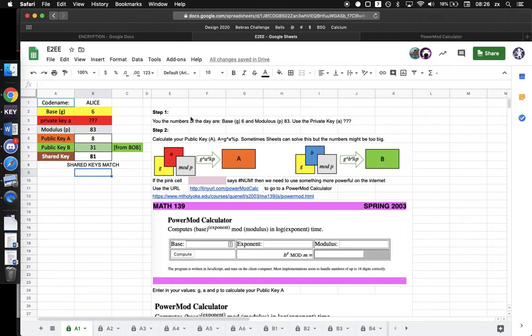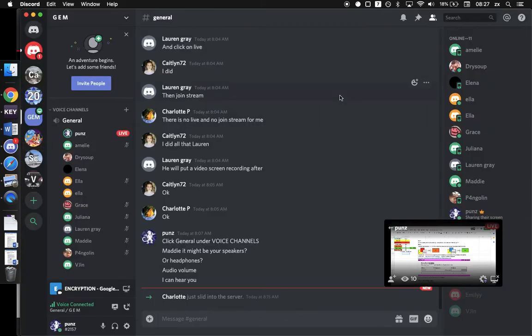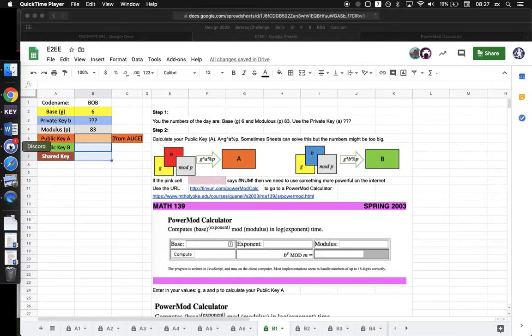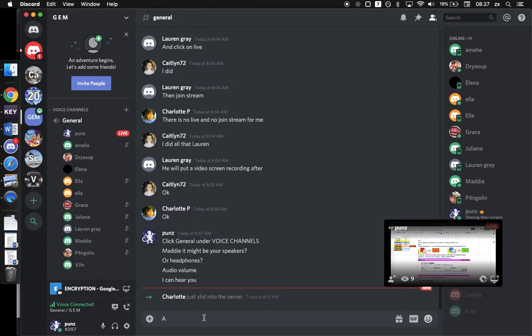Okay, so what we're going to try and do now is I'm going to assign different people. I will clear out my values out of that chart so that you guys can do it, so A1 and B1 need to be emptied. Okay, Emily, can you hear me? You are A1.